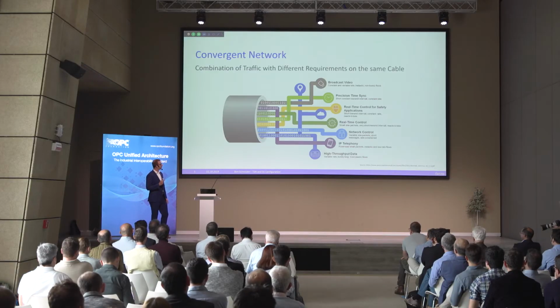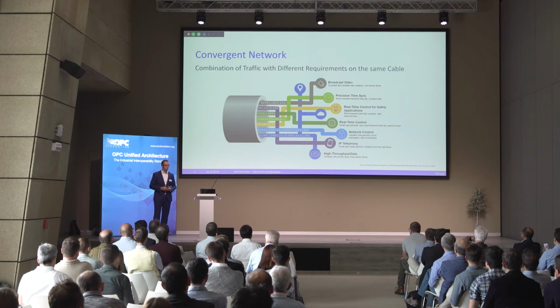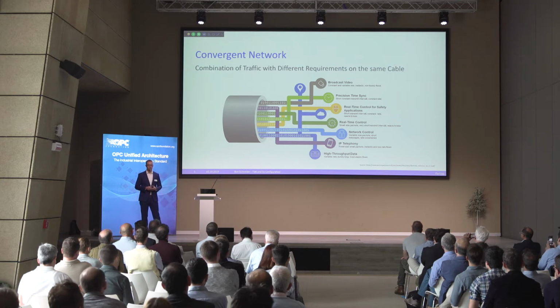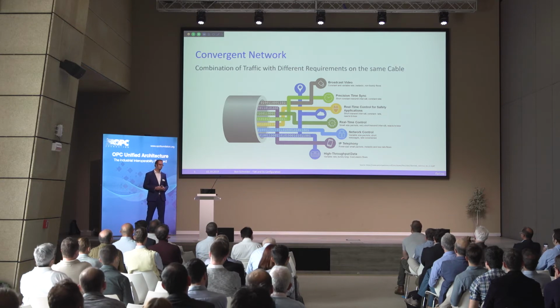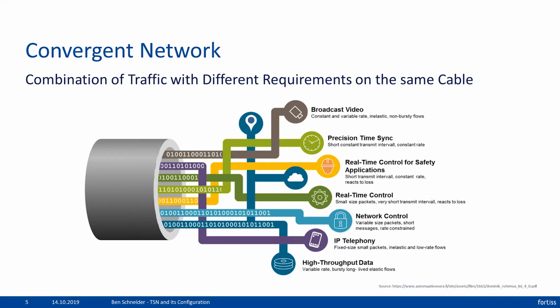The next slide is about one of the key features that I think is most important for time-sensitive networks: the convergent network. What is a convergent network? A convergent network is the combination of traffic with different requirements over the same network cable. On the left-hand side you can see the Ethernet cable, and on the right-hand side you have different network streams that have different requirements.